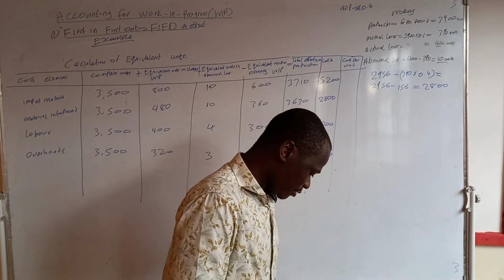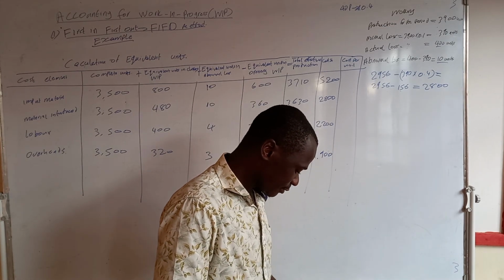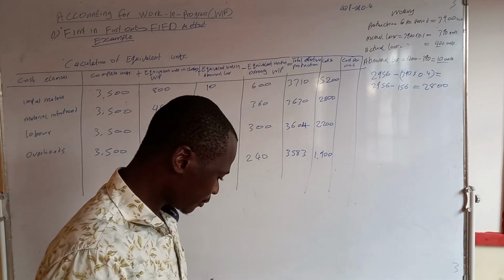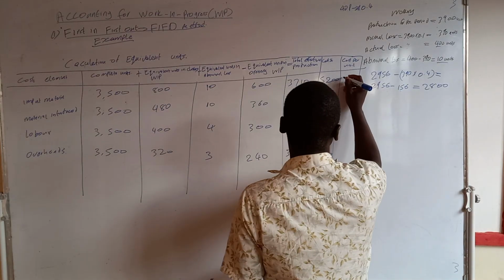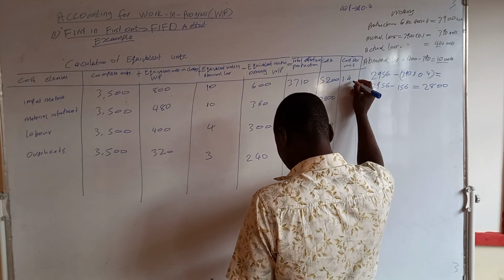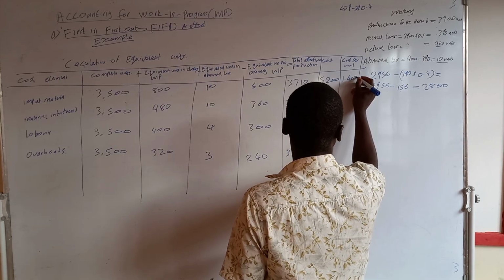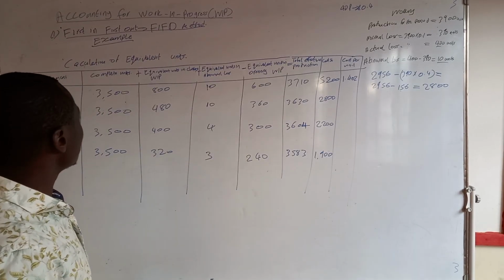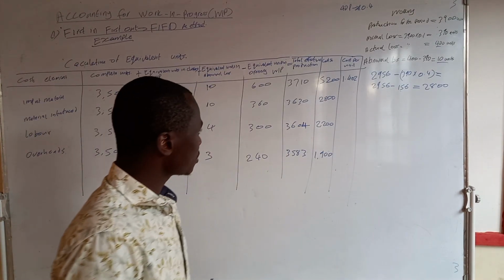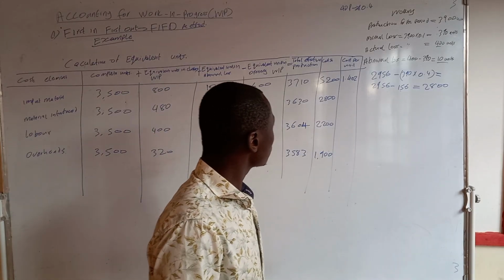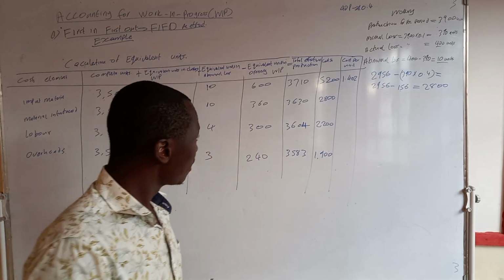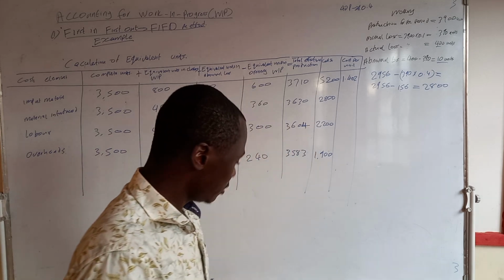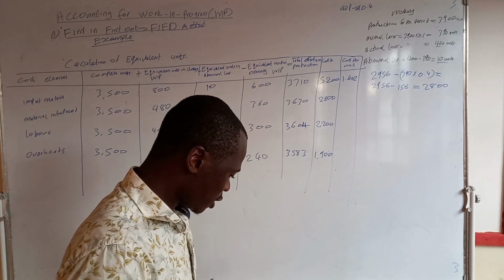That is 5,200 divided by 10. This is 1.4. Then material introduced, cost per unit, that is effective production, and that is 2,800 divided by 3,630.